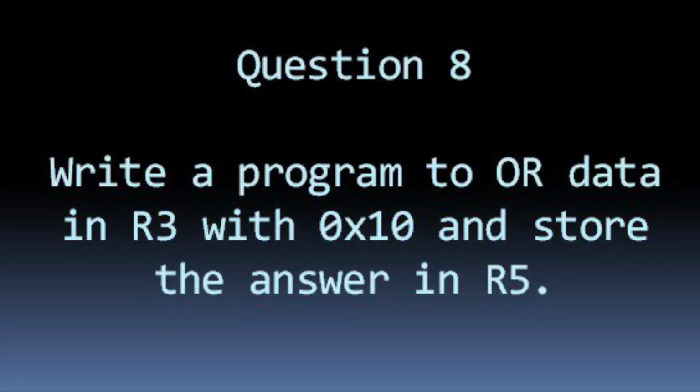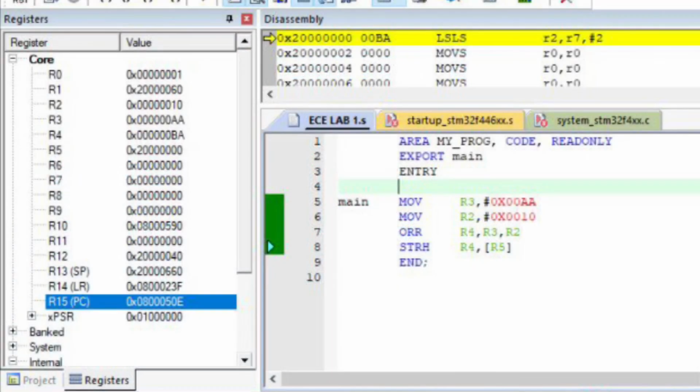Question 8 asks to write a program to OR data in R3 with 0x10 and store the answer in R5. I use MOV because it is a 16-bit value in R3 and R2. I write #0x00AA for R3 and for R2 also MOV #0x0010. And for OR I put it in R4.